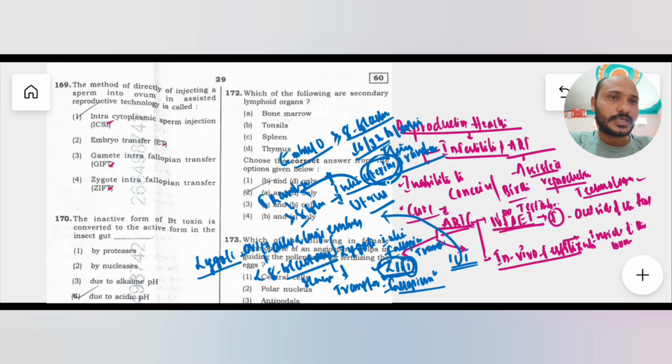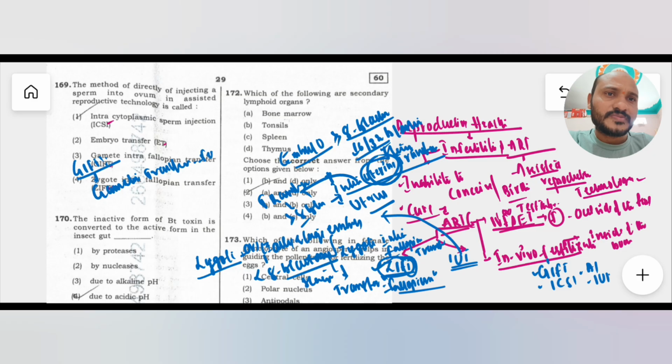So likewise we have different methods. Now coming to in vivo fertilization, we also have different methods like the GIFT method, the ICSI method, the AI method, and the IUI method. In the GIFT method, gamete intrafallopian transfer, only the gamete is transferred to the female body, into the fallopian tube.